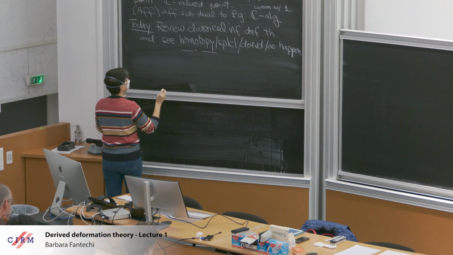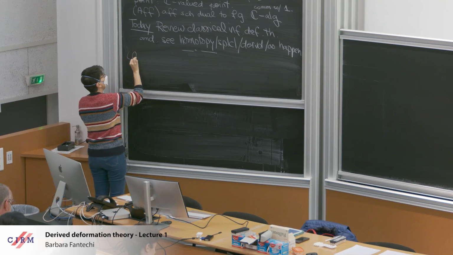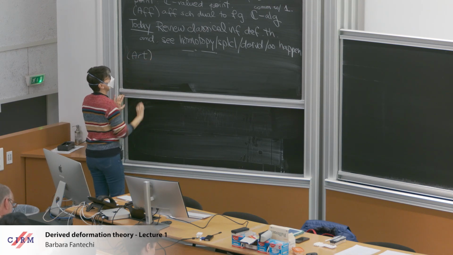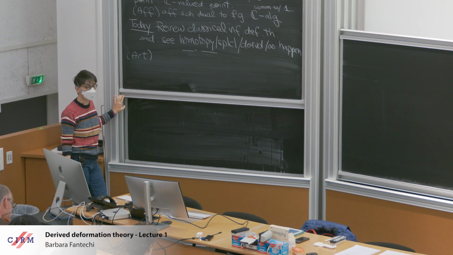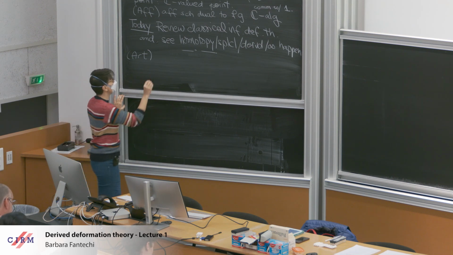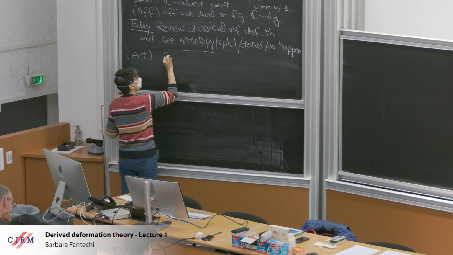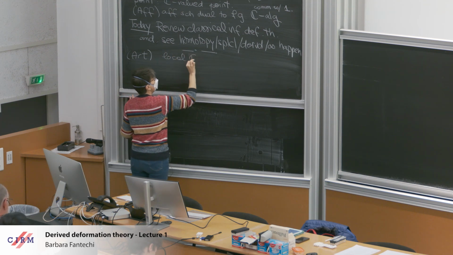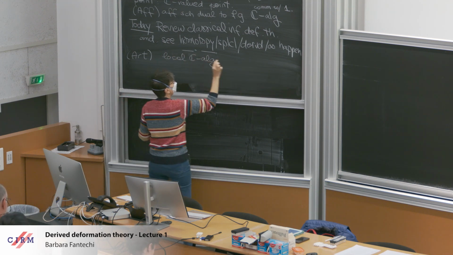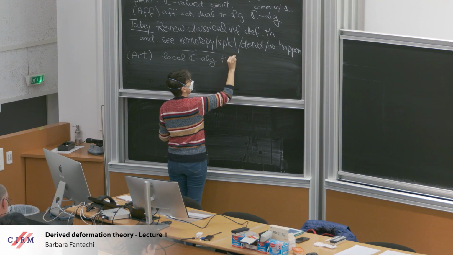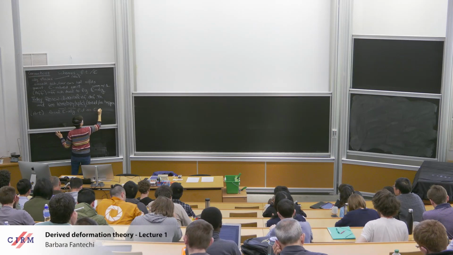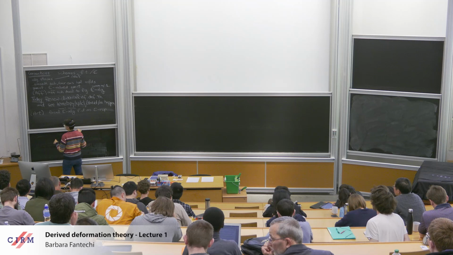And so let me introduce another piece of basic language. There will be the category Art. This is for Artinian rings, and this will be local C-algebras which are finite dimensional as C vector spaces.